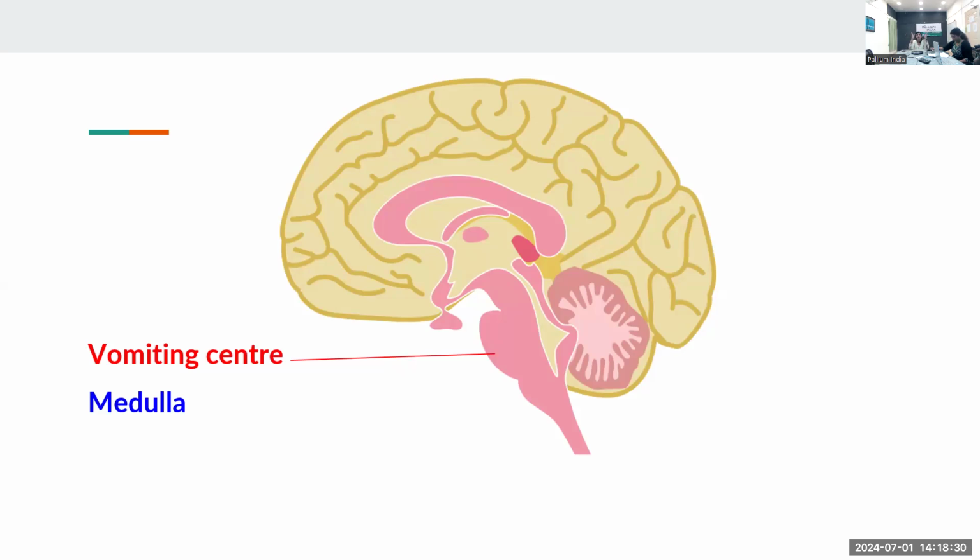So we have a vomiting center in the medulla of the brain. The vomiting center itself will not act. It needs to be stimulated by different stimuli, and these stimuli act on the vomiting center and the vomiting reflex is made. So the vomiting center is present in the medulla.